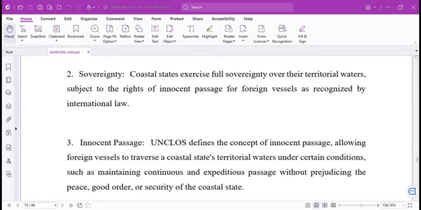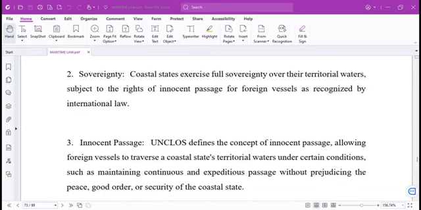This allows vessels from other foreign countries to pass through a definite route, pass through another country's coastal waters under certain conditions, such as maintaining continuous and expeditious passage without prejudicing the peace, good order, or security of the coastal state.